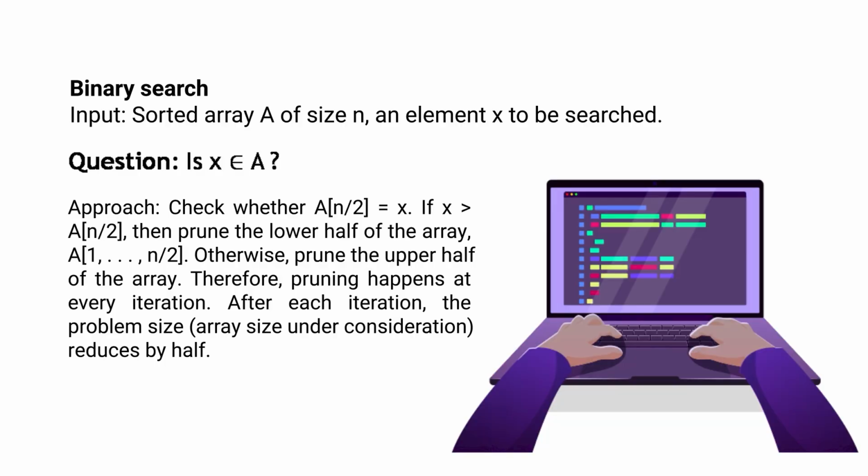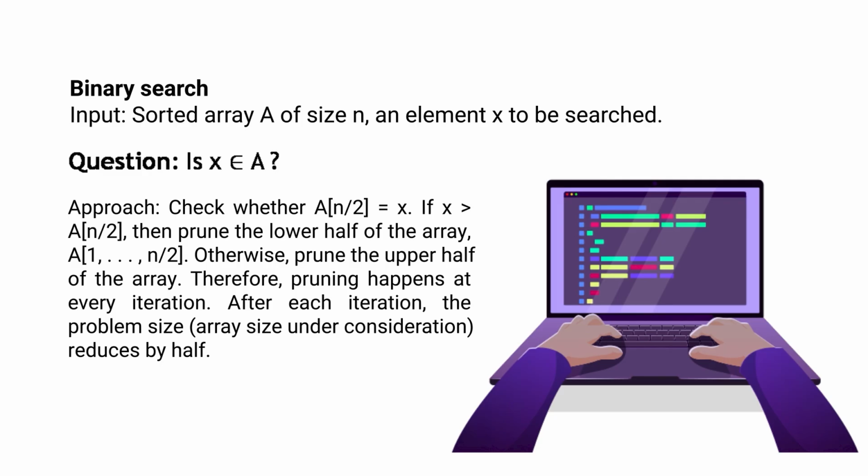So, when we find the middle element, it is matched with the element x or not. If x is greater than A[n/2], that means no need to see the elements which are smaller than A[n/2], so we prune the lower half of the array, otherwise if x is less than A[n/2], we prune the upper half of the array.